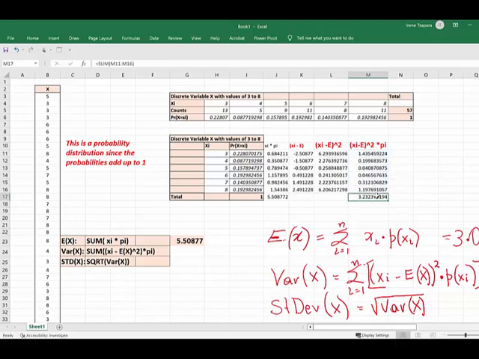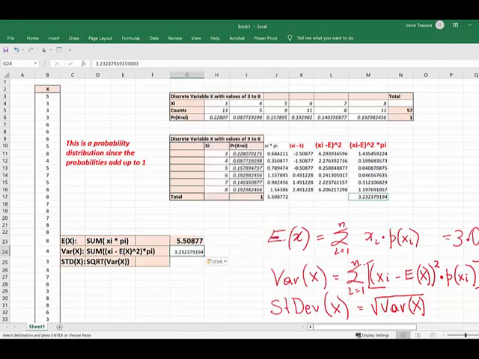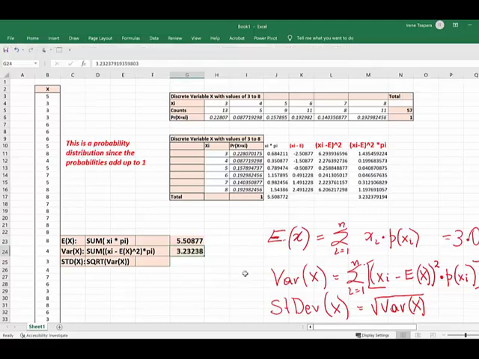There it is. And that's my variance. This is how I calculate the variance. So I go here, I copy that, I paste with values only, and I beautify my results. There it is. So that's my variance.